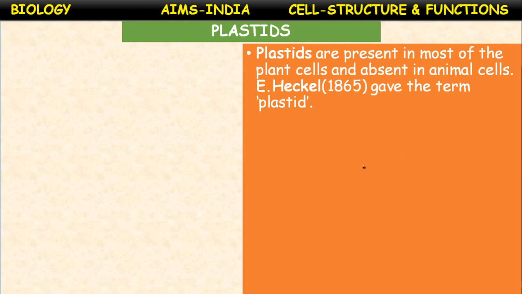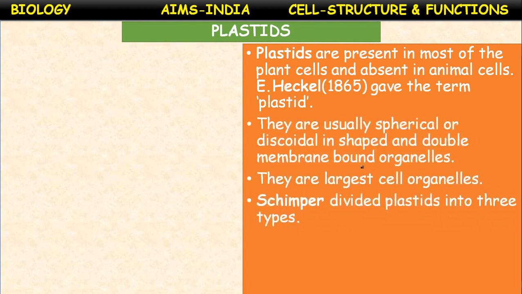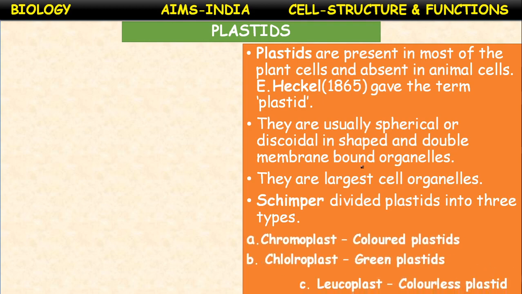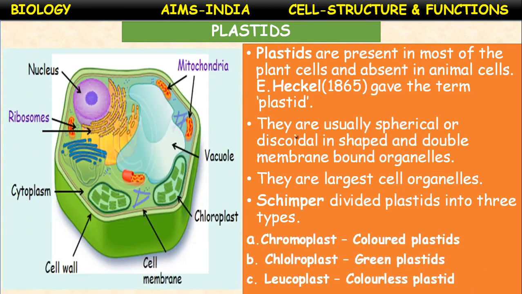You will see different structures like this. These are called chloroplasts. These plastids are present in most plant cells and absent in animal cells.